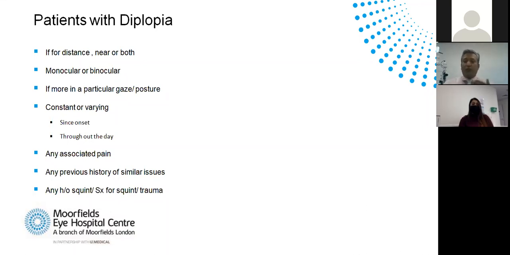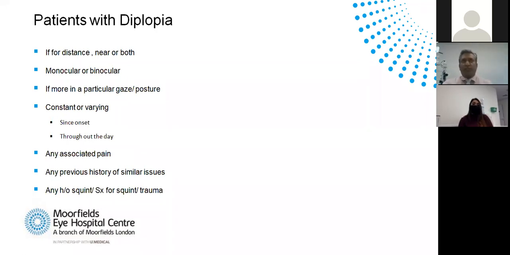Or if it is there for both distance and near, and if there is any discrepancy, like it is more separated when I'm looking far and more separated when I'm looking near, this kind of information may be helpful. And whether it is monocular or binocular: sometimes the person may see double while closing one eye.